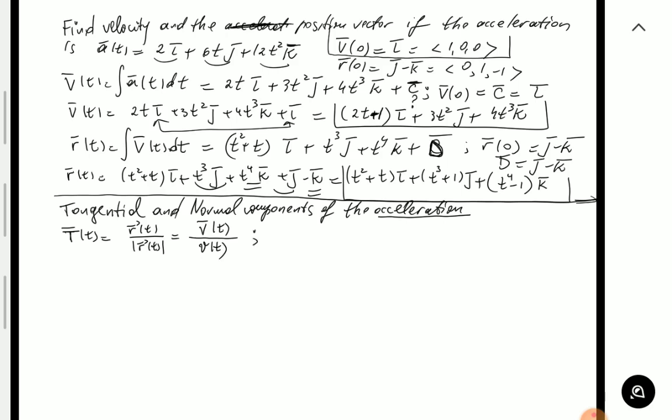Furthermore, remember that the normal is the derivative of the unit tangent over the magnitude of the derivative. The magnitude of the derivative of the unit tangent is not unit, it's not equal to 1. And I'm going to put another formula here.